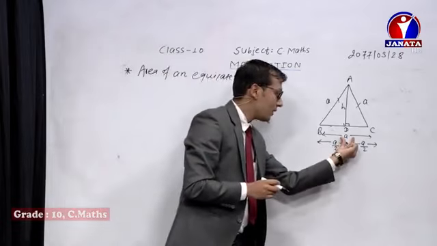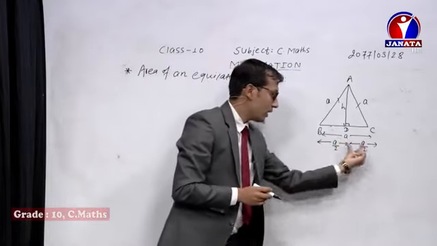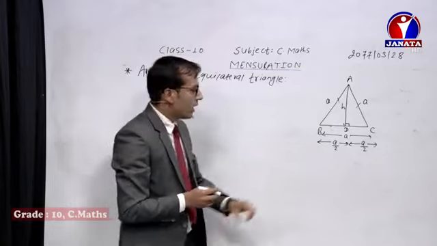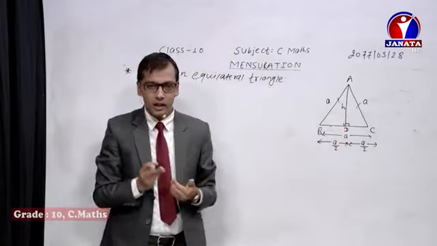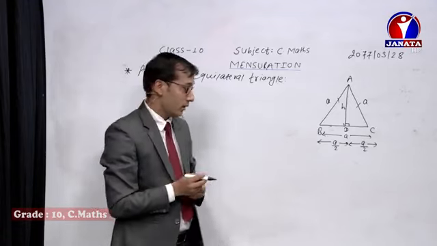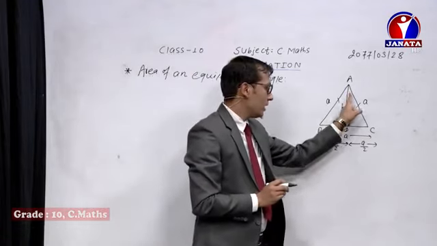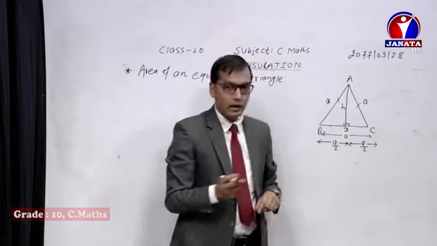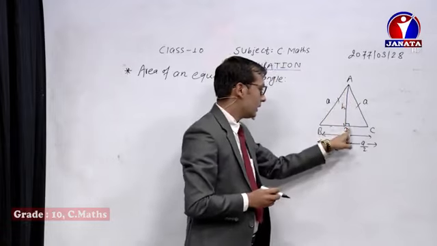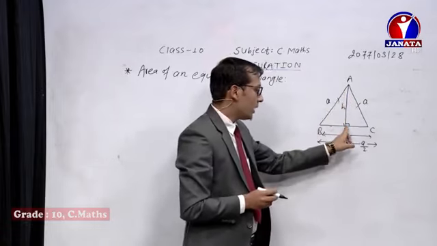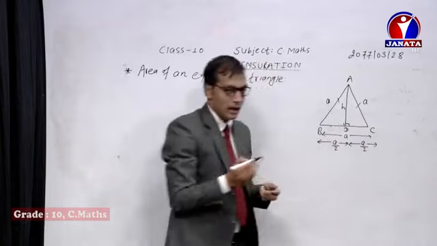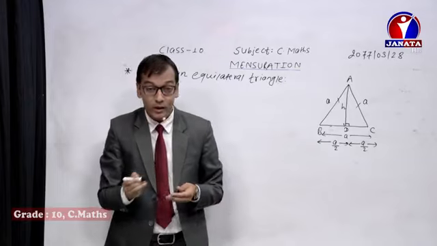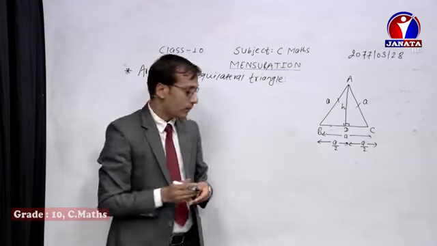So what is half of A? A by 2 and A by 2. Here in the figure we can see two right angle triangles, triangle ADC and triangle ADB. If angle D is 90, the other is also 90, because the sum of two angles in a linear pair is 180.